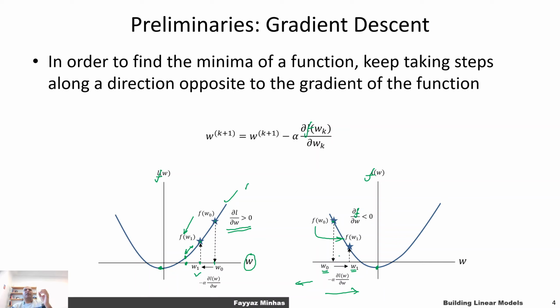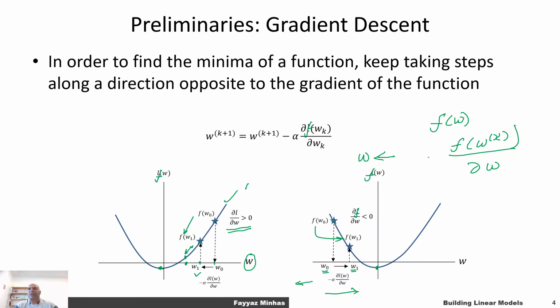This simple algorithm is called gradient descent. What it essentially says is that if we have a function f of w, then at a particular value of w, let's say wk, you take the derivative of this function with respect to w, and you change the value of w in the direction opposite to this gradient.